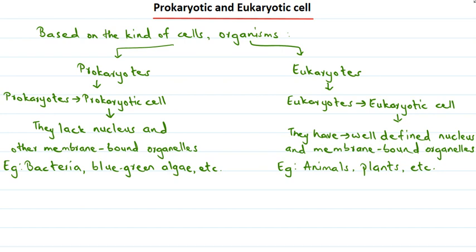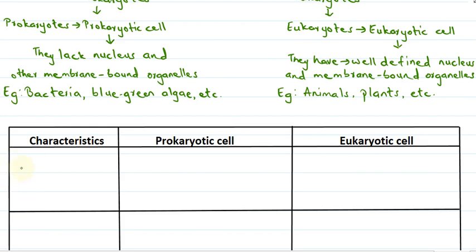Okay, so now we would see what is the difference between prokaryotic cell and eukaryotic cell. The first characteristic that we would consider here for difference is the cell size. So the cell size in case of prokaryotic cell, their average diameter is 0.5 to 5 micrometers.